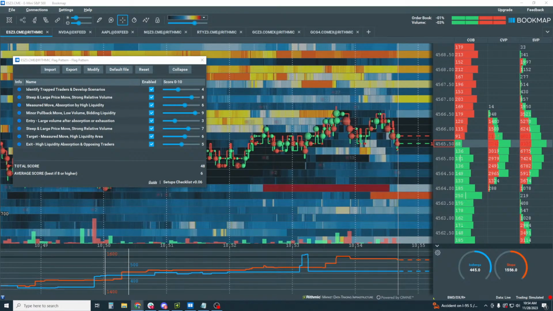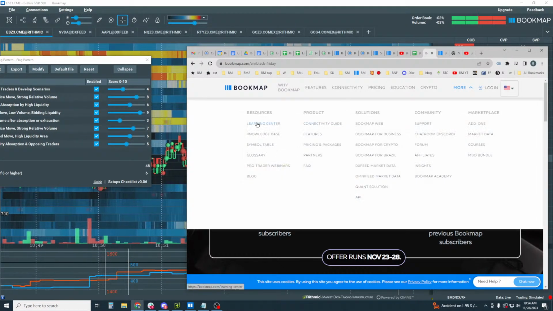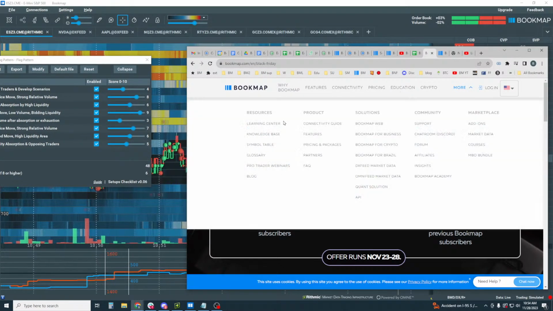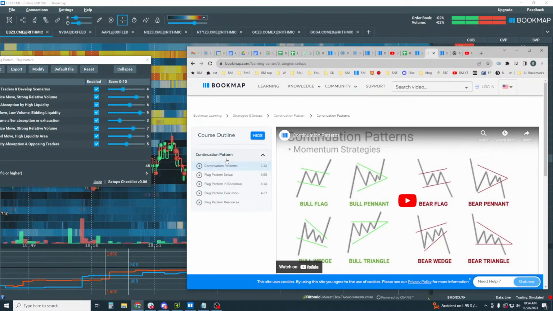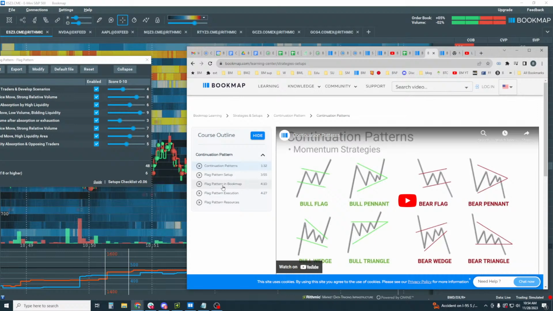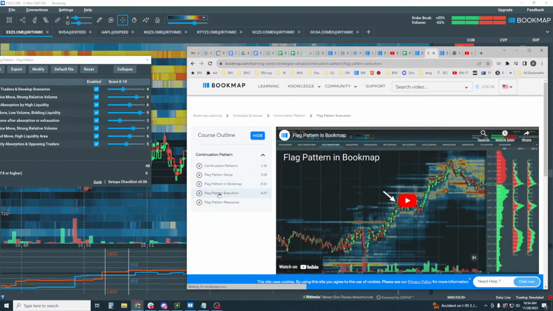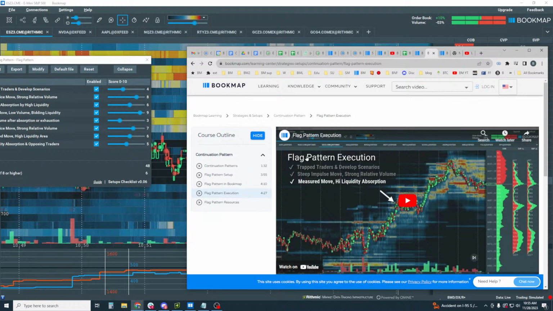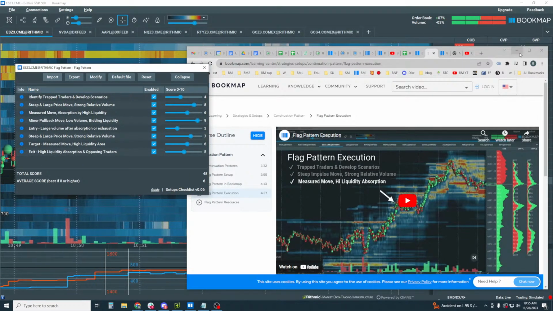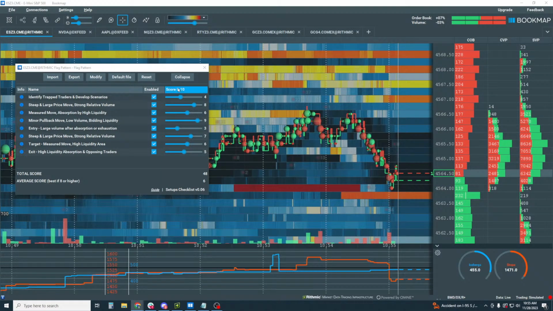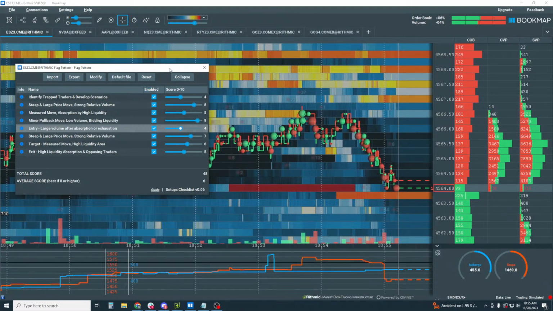So if you go to bookmap.com, and then you click on the More button and you go to the Learning Center here, and then you go to Strategies and Setups course here, and the flag pattern in here, it is based off of the third video here. This checklist is duplicated over here in this app, and then you can grade it and whatever you're looking for in here. You've got your check boxes, etc.